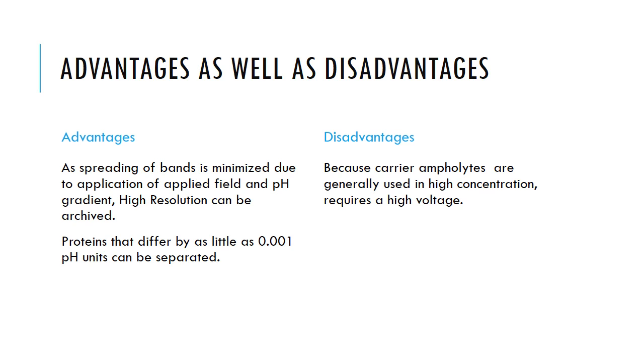There is minimization of the spreading of the protein bands due to the application of the electric field and the pH gradient, hence us achieving high resolution of those proteins. Another thing we need to observe is that proteins that differ by only maybe 0.001 pH units can easily be separated using this method.